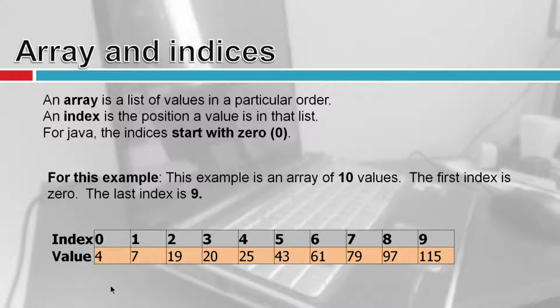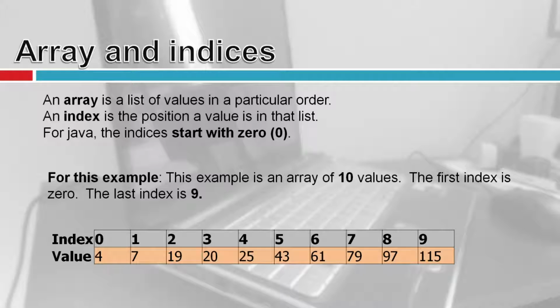So as you can see, here is an approximation of an array, and they have all these values in a particular order. The index is the position a value is listed in that list. So the indexes are right here. They tell you position 0, position 1, all the way up to 9. For Java, you'll notice something different. I don't start with number 1 like normal humans would do.